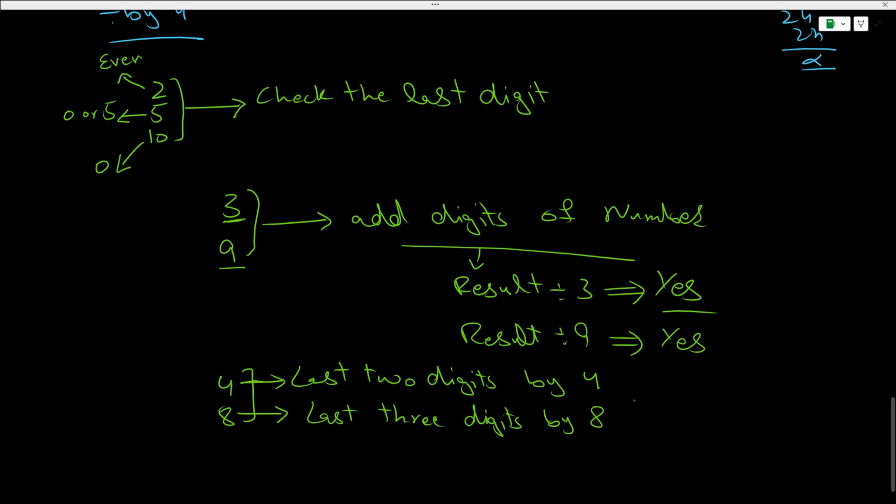If the last two digits are exactly divisible by 4, we say the number is divisible by 4. And if the last three digits are exactly divisible by 8, we say the number is exactly divisible by 8. These were some rules.